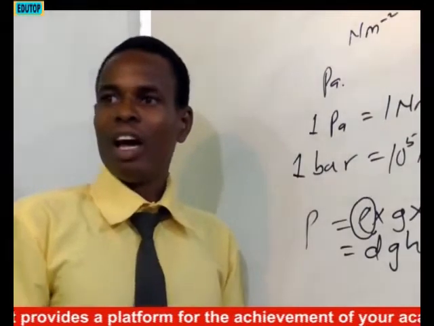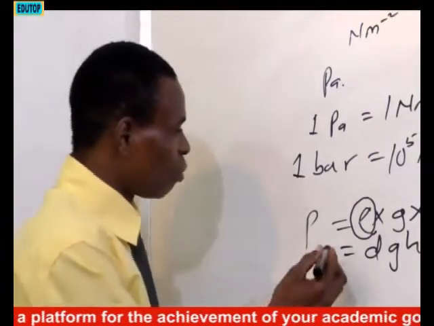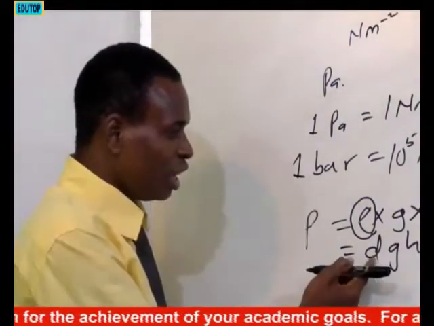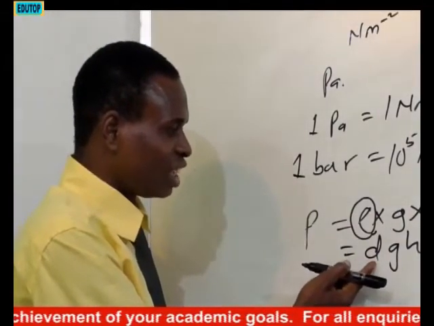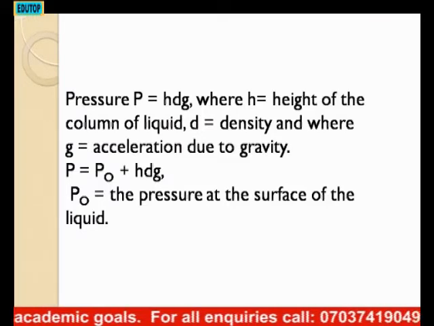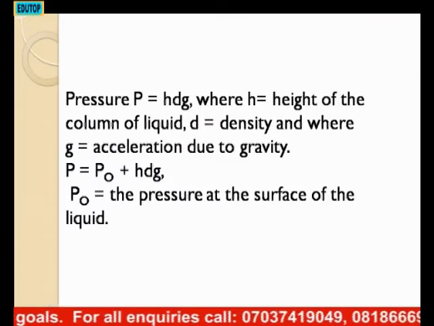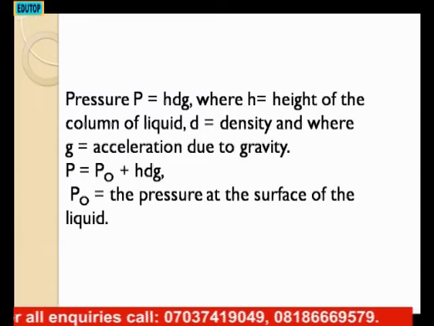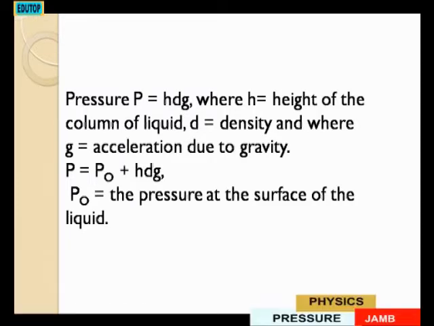So from there, if we are to consider this formula for pressure, our D, which is the density, is referred to the density of the liquid. Our G is the normal acceleration due to gravity, and our H is the height of the column of the liquid. And we can have what we call the pressure at the surface of the liquid.